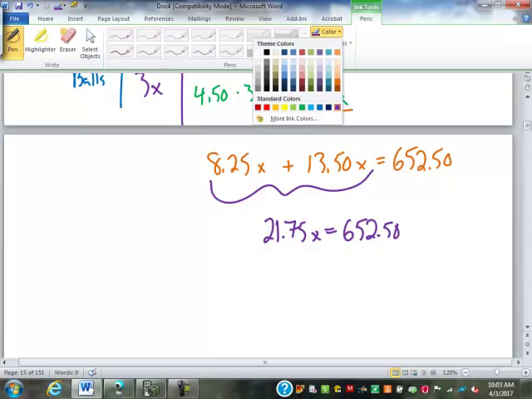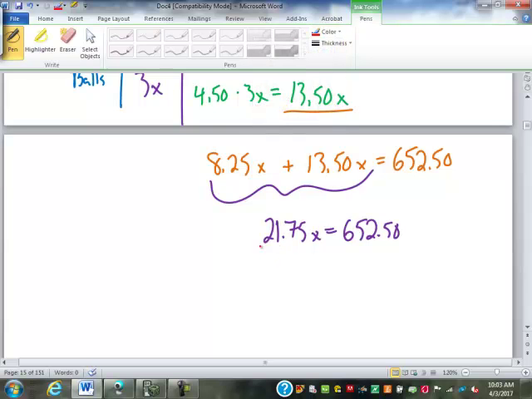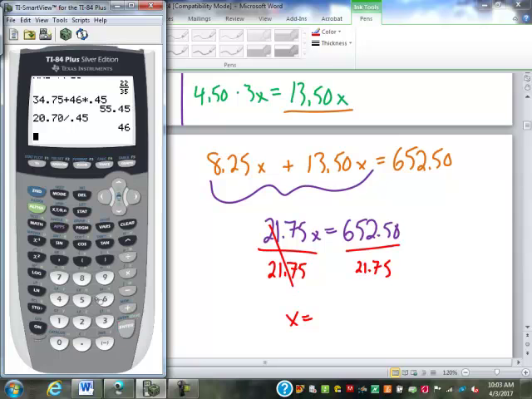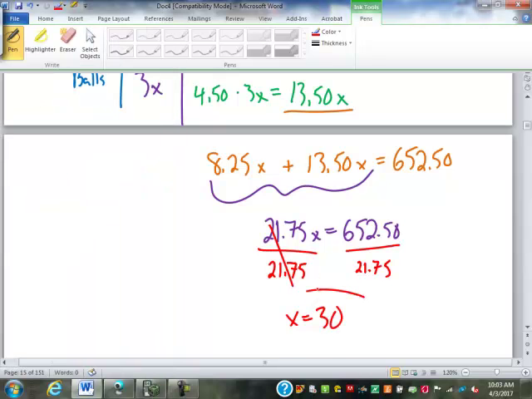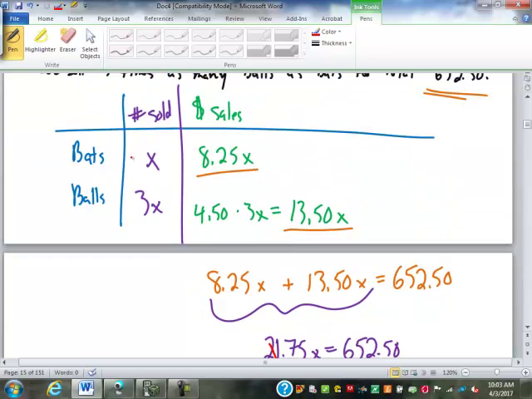And then divide by 21.75. X equals 652.5 divided by 21.75. 30. Now we have to make sure we go back and answer the question. X was the number of bats. That means there were 30 bats sold. 3 times X will be 3 times 30, or 90 balls sold.